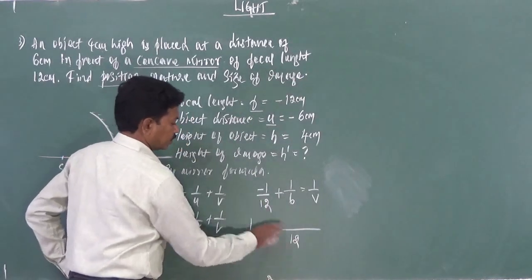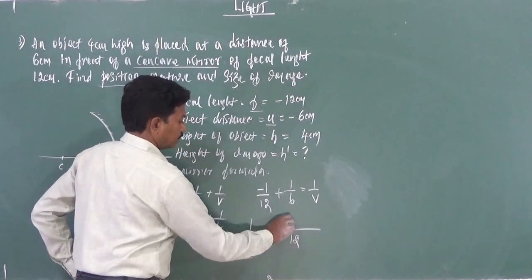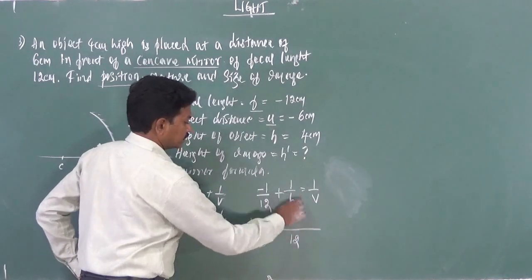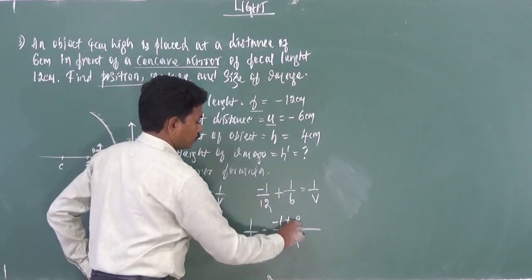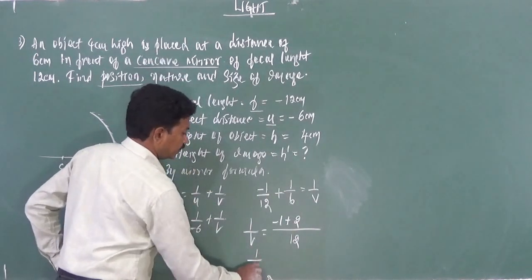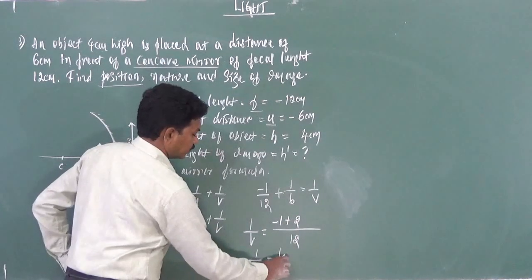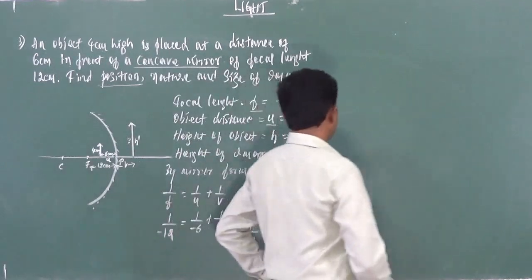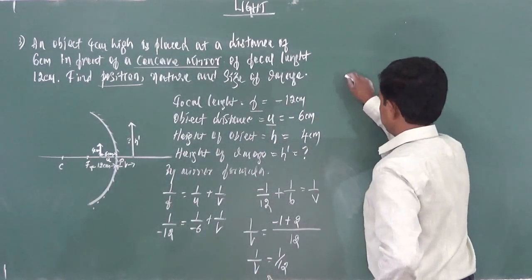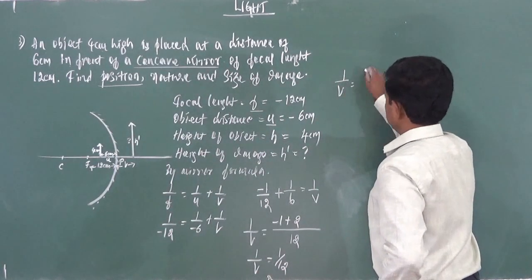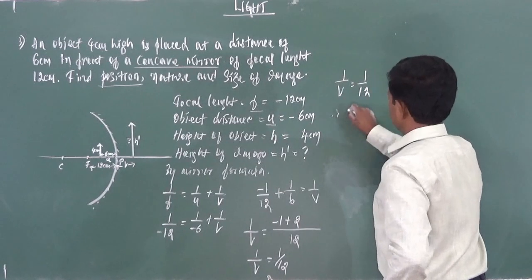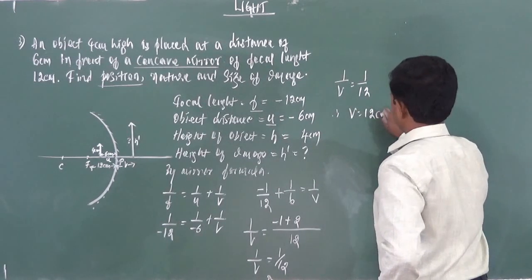Minus 1 by 12 into 12 is minus 1, plus 1 by 6 into 12 is 2. So 1 by v is equal to minus 1 plus 2 by 12, that is 1 by 12. Taking reciprocals, therefore v is equal to 12 centimeters.